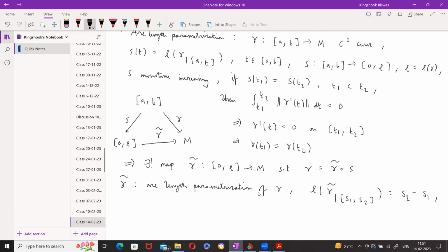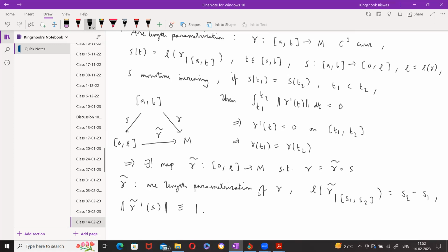So its speed, which is the norm of gamma tilde prime, is constant equal to 1. So I leave it as an exercise to you to show that this gamma tilde is C1 also. Okay.